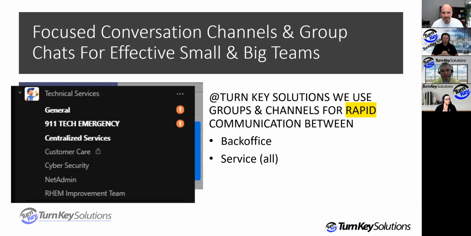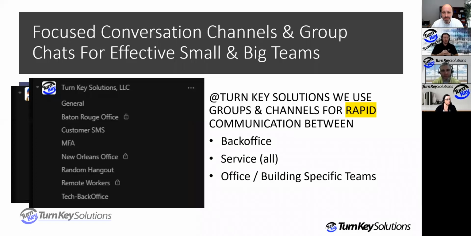As you see on the slides here, you start off with a general category that's everybody that's in your organization. You could tag everybody in it and everybody will see it, or you could get a little bit more granular with it and say you have a Baton Rouge office with 5 or 6 people in it, and you could send everybody in that office a message instead of blasting your entire organization.